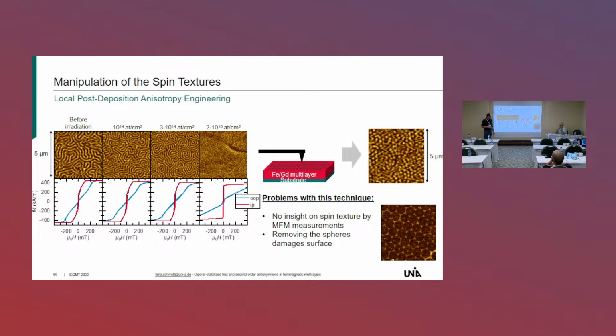But removing the spheres precisely damages the surface. This is a picture of a sample that has its nanospheres removed, and that is not an MFM picture. This is a height picture.